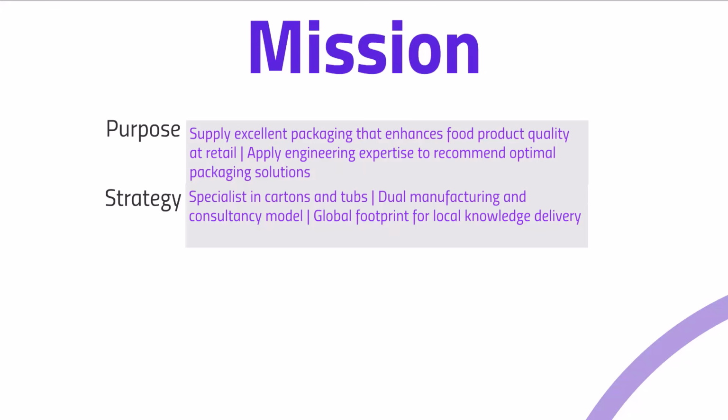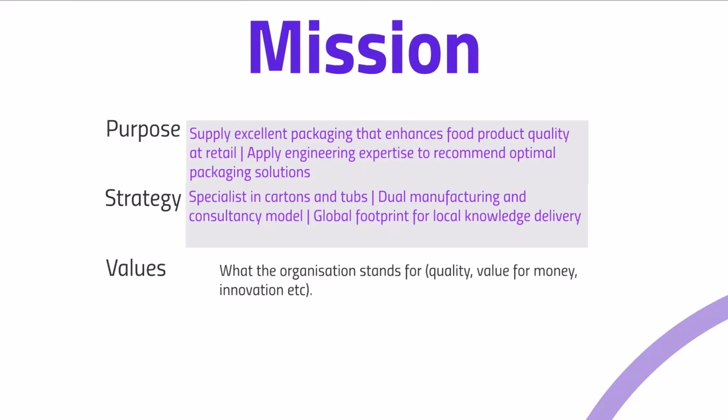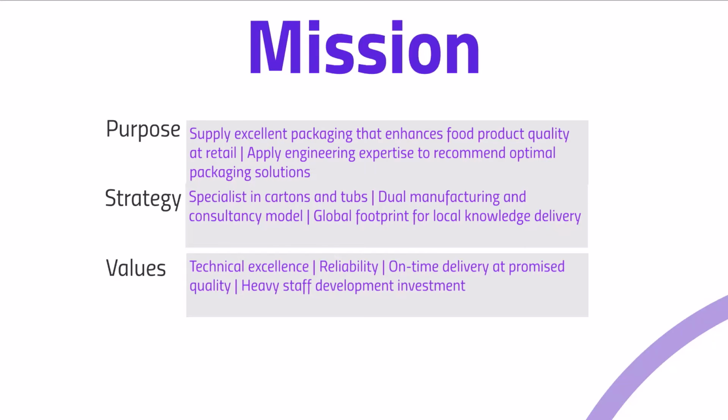Okay, then we can move on to values. Obviously what we're thinking about when we think of Cartn is technical excellence, reliability, on-time delivery at promised quality, and heavy staff development investment. These are the operating commitments that support the quality-led purpose.